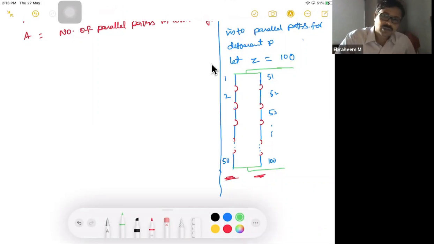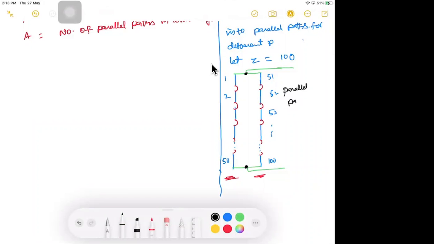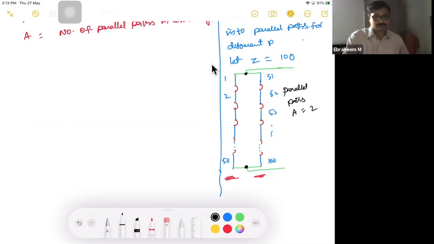So total how many parallel paths are here? Because this is node 1 and this is node 2, the first 50 conductors and second 50 conductors are in parallel. So the parallel paths A is equal to 2 here.